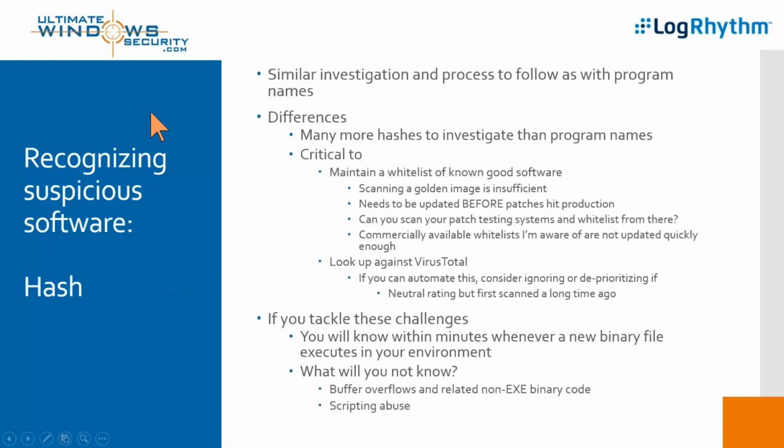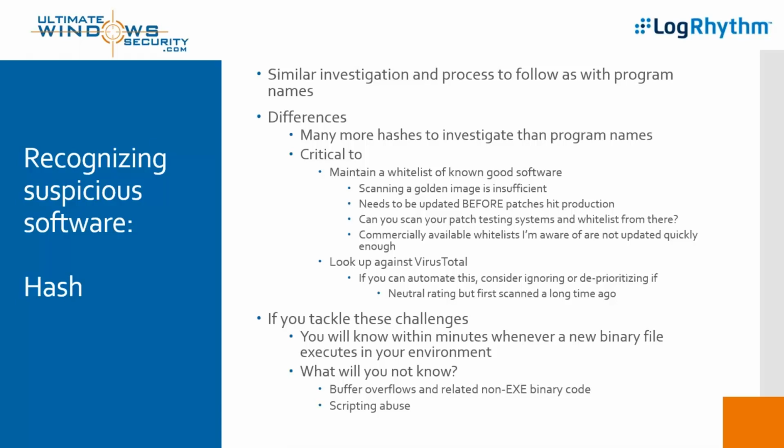Let's move on and talk about hashes. This is a similar investigation, similar process to follow. The difference is there are going to be many more hashes to investigate than program names. Basically, every iteration of a given EXE or DLL, every single time it's patched, is going to be a new hash.